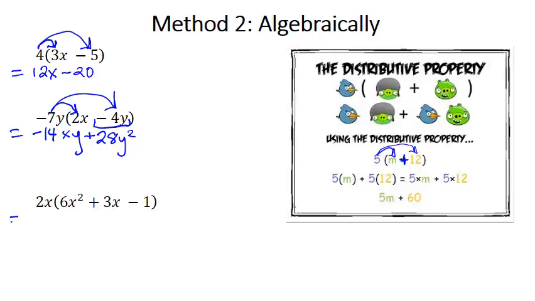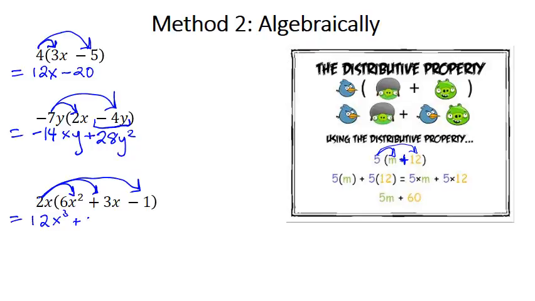The next one, we have 2x times 6x squared plus 3x minus 1. So again, we distribute it between all of them. So 2x times 6x squared, so 2 times 6 gives me 12. And x times x squared is going to give me x cubed. Plus 2x times 3x.